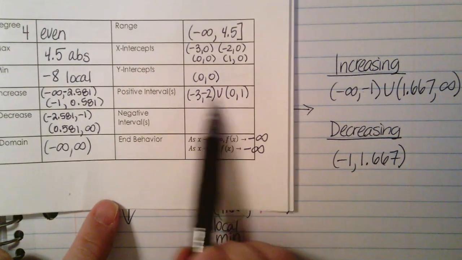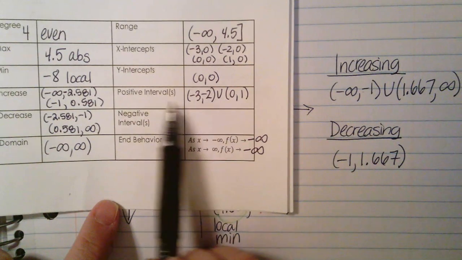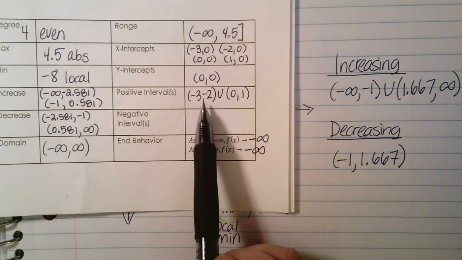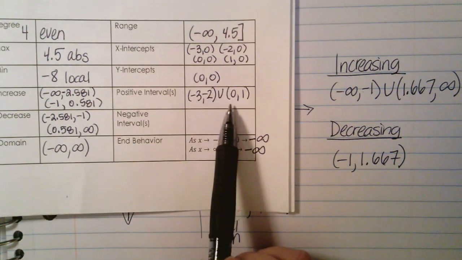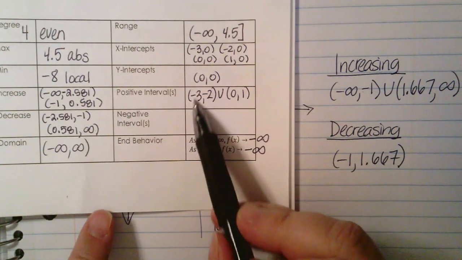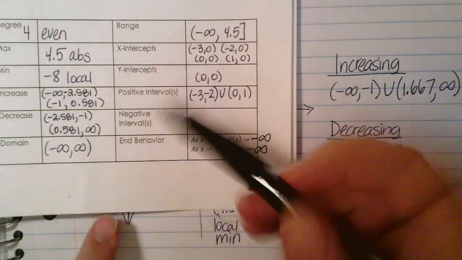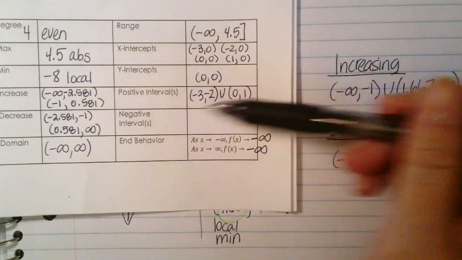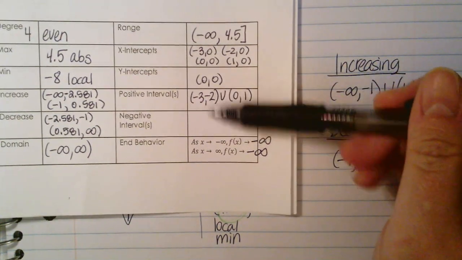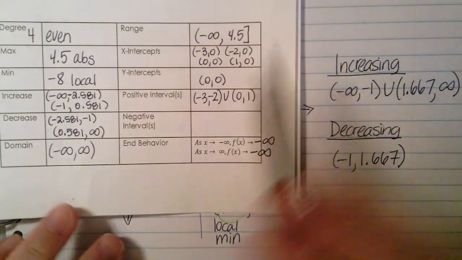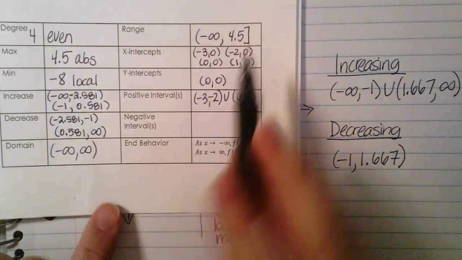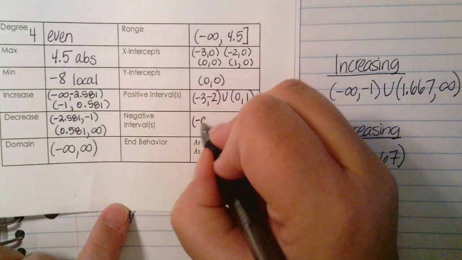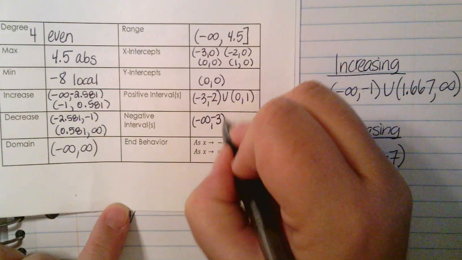So remember, these intervals are often very closely tied together. In this particular graph, there's no bouncing back, so it crosses over every time it touches the x-axis. My intervals will be going back and forth between negative and positive. So if it's positive here, that means before it gets to that it was negative.